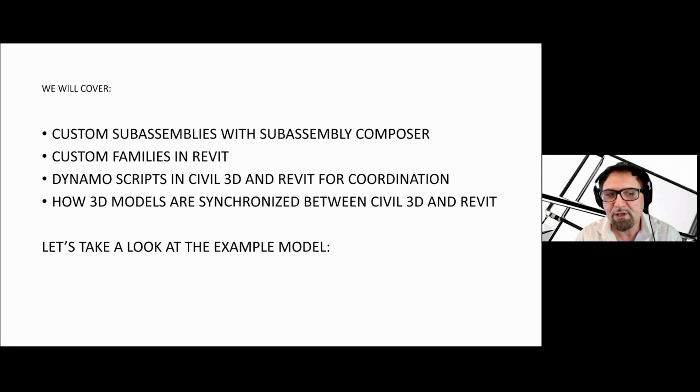Then we'll employ some Dynamo scripting, both in Civil 3D and Revit, to coordinate. When I say coordinate, we will synchronize 3D models between Civil 3D and Revit. We will use some of the latest technology from both software and Dynamo scripting to achieve that.